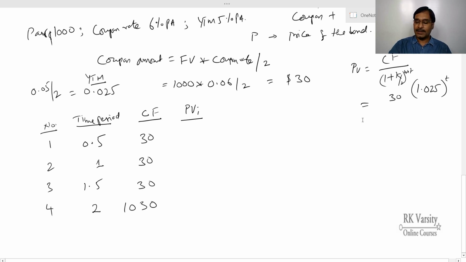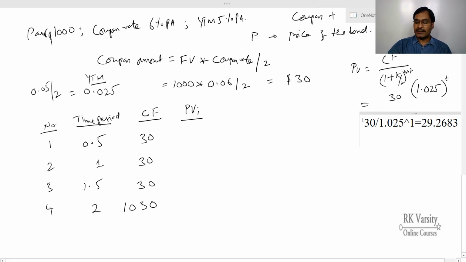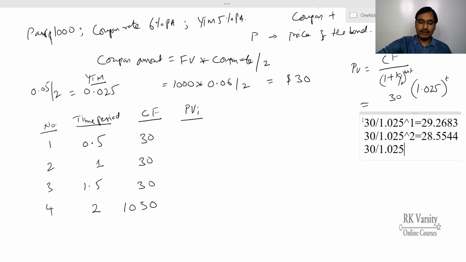For the first time period, that is 30 upon 1.025 raised to the power of 1. For the second, 30 upon 1.025 raised to the power of 2. Third is 30 upon 1.025 raised to the power of 3. And finally, the fourth one is 1030 upon 1.025 raised to the power of 4.